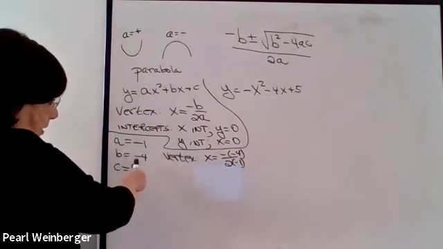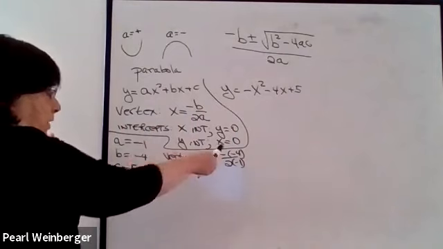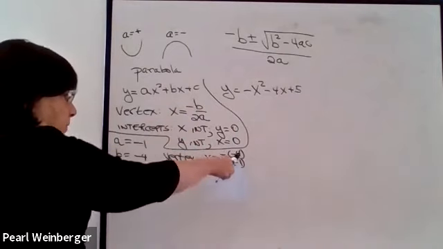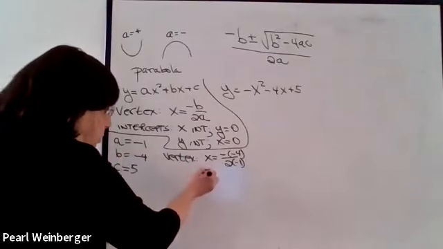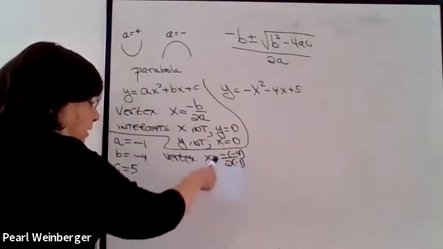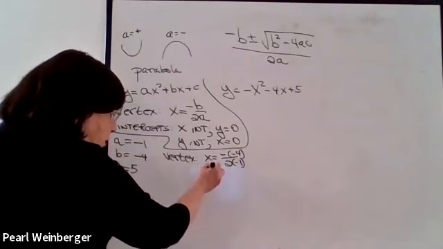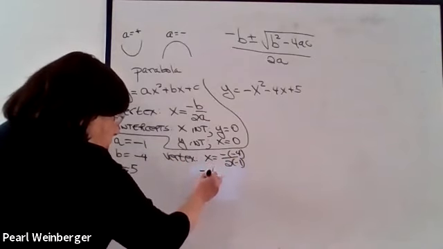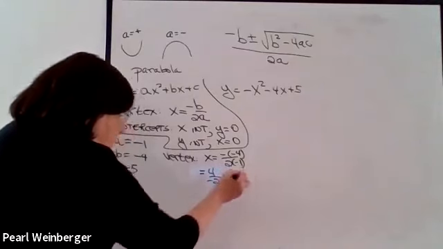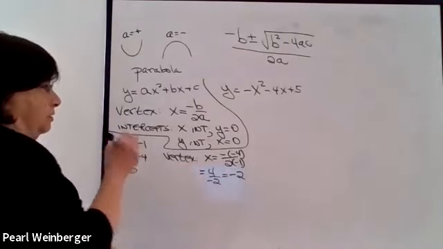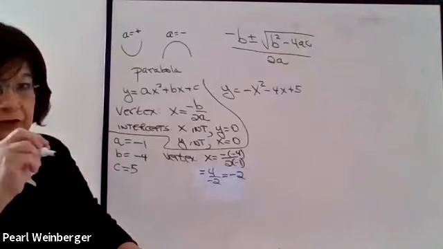Again, negative b, so -4, divided by 2 times A, 2 times -1. Well, this is not so hard to figure out. Negative and negative give us +4 over -2, which gives us -2 as the x value of my vertex.